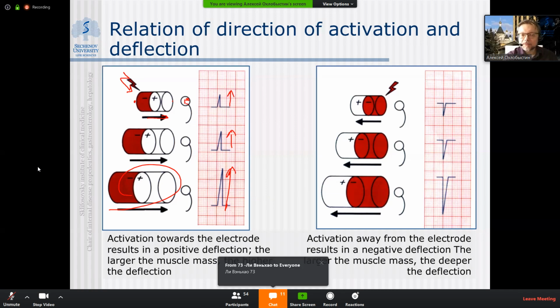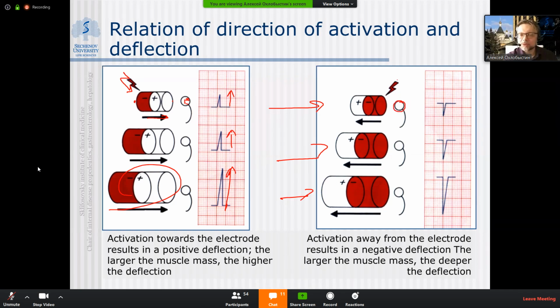Another point. What will happen if we use the same three types of muscle, but reposition our exploring electrode or change the origin of activation, so that activation is not going towards the electrode but away from the exploring electrode? Again, same piece of muscle, same thickness, same duration.